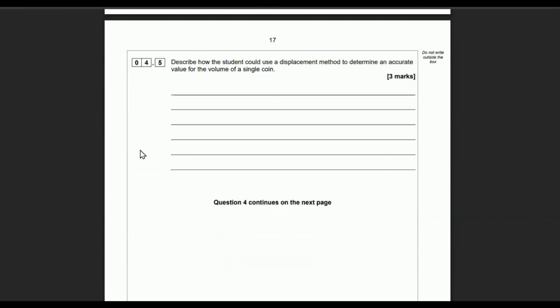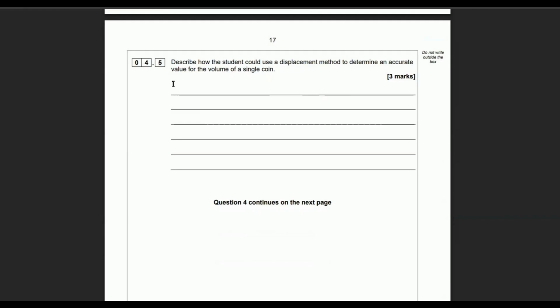Let's move on. 4.5, describe how the student could use a displacement method to determine an accurate value for the volume of a single coin. So they want to use the displacement method to determine an accurate value for the volume of a single coin.